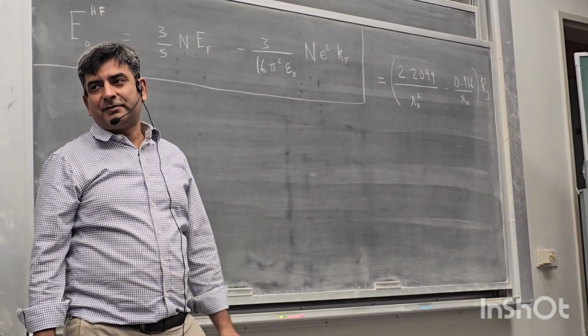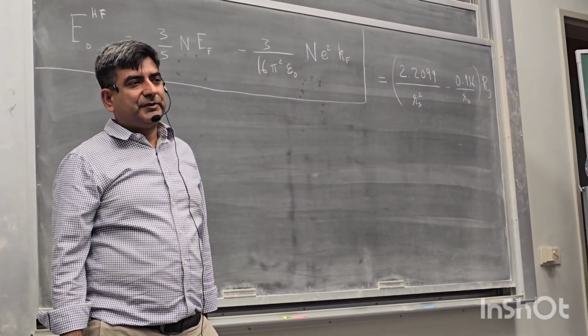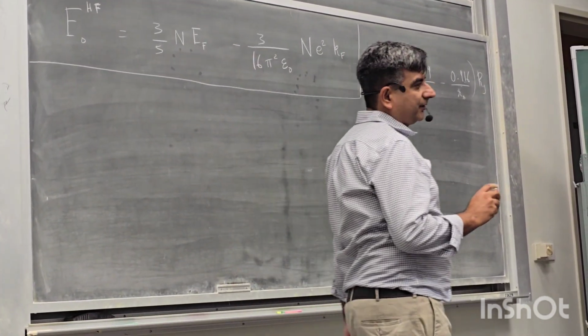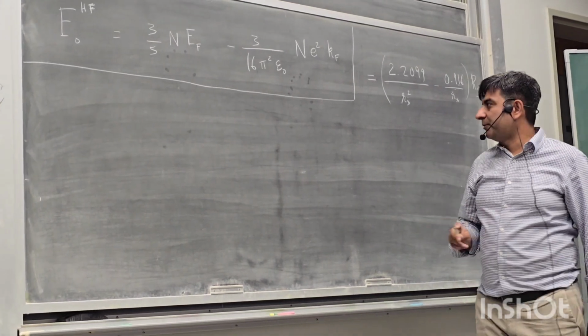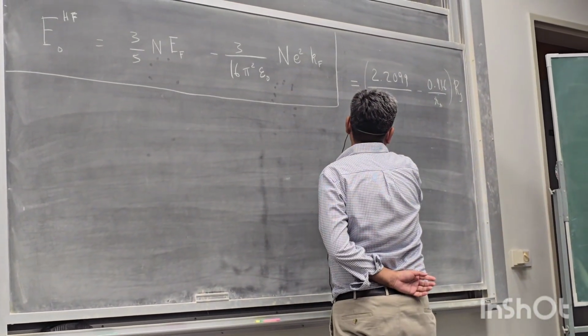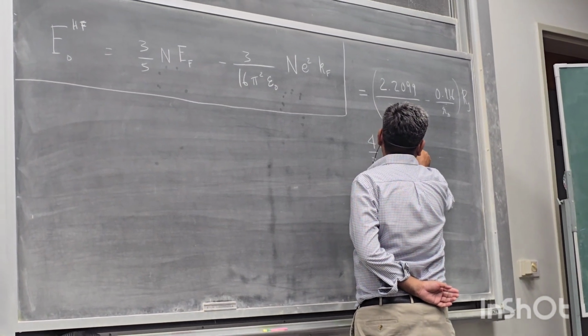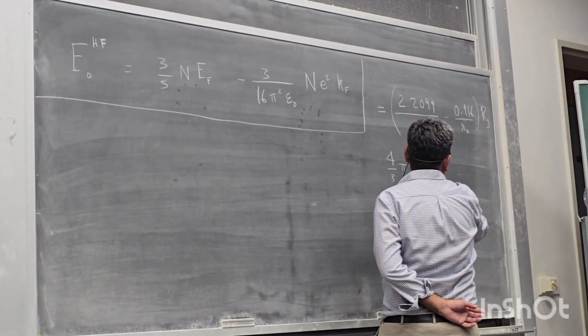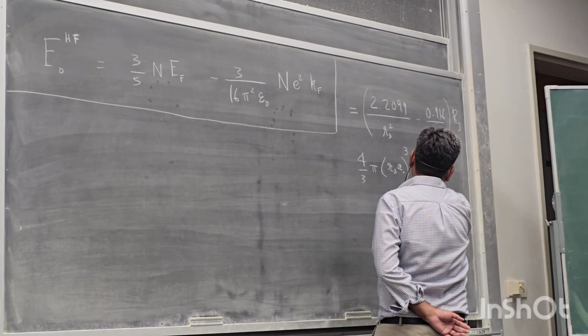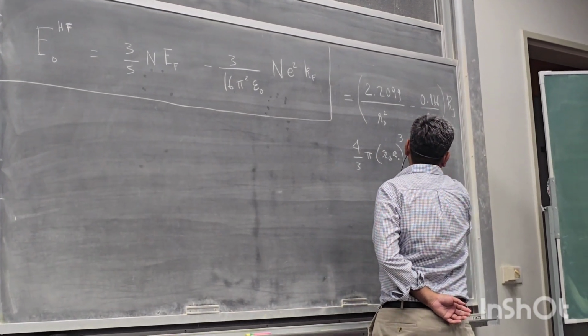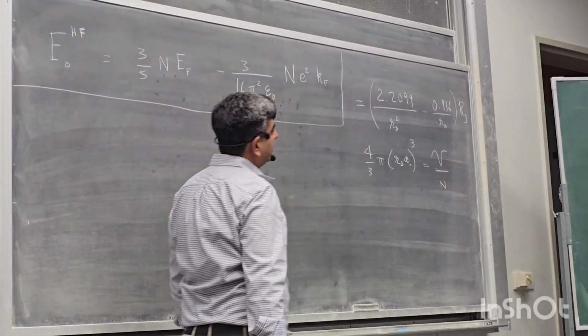scaling parameter with respect to the Bohr radius, which really meant that 4 over 3 pi RS a naught cube. This was given as the inverse of the concentration density of the electrons.